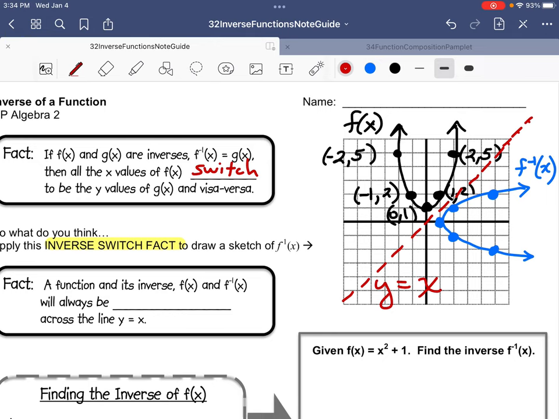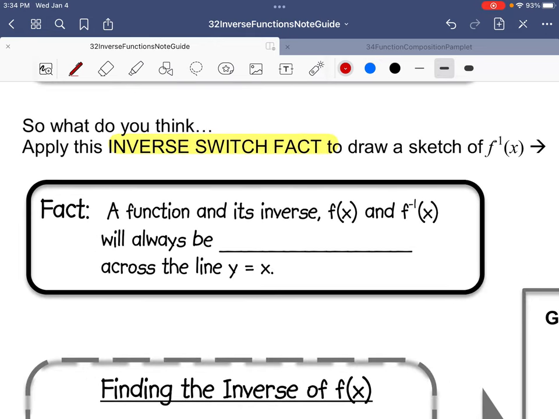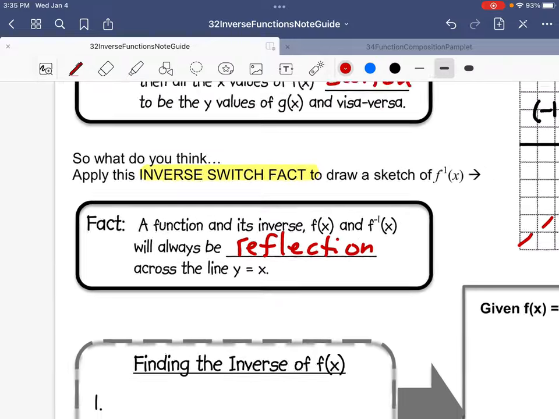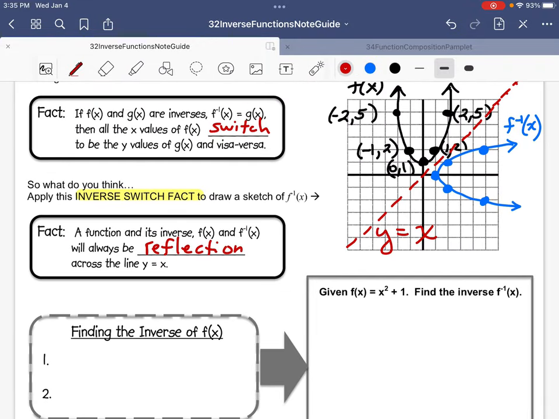That is why a function and its inverse will always be a reflection. A reflection, a fold. They kind of look the same on both sides of that line. So that's our first inverse idea. The idea is that you can switch x and y, and you will get a graph that is the reflection.